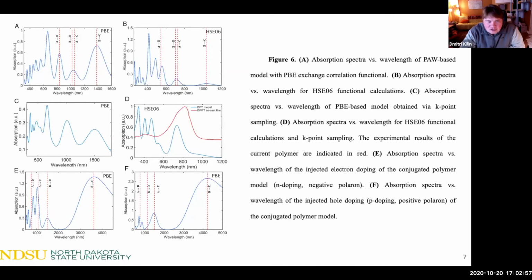Just a quick question: why is the red line offset? Is there any physical or chemical reason, or does it just look better this way? You mean the offset of our results, Dr. Killeen?